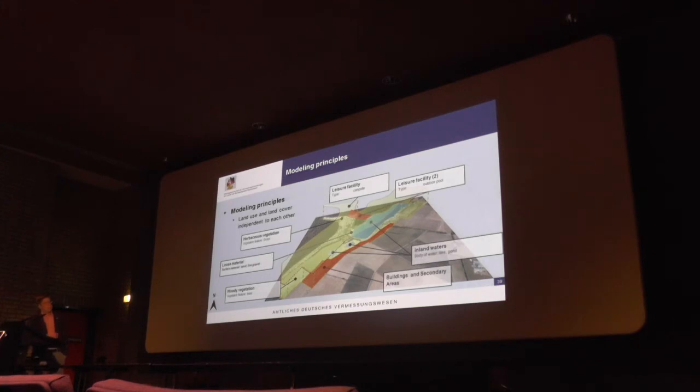And in the land cover level, there are the water fields, the building areas, or the vegetation. But both levels are independent from each other. So we see here is a water body, and the shape of the water body has no reference to the land use.